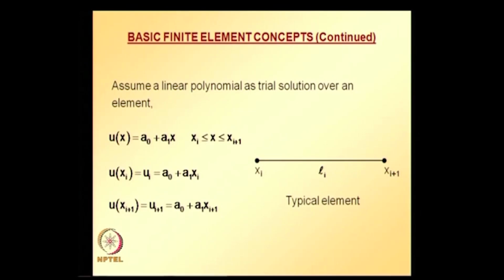Subtracting the second equation from the first gives you a1, and substituting the a1 that you just got into the first equation, you can obtain a naught. That is what is shown here.